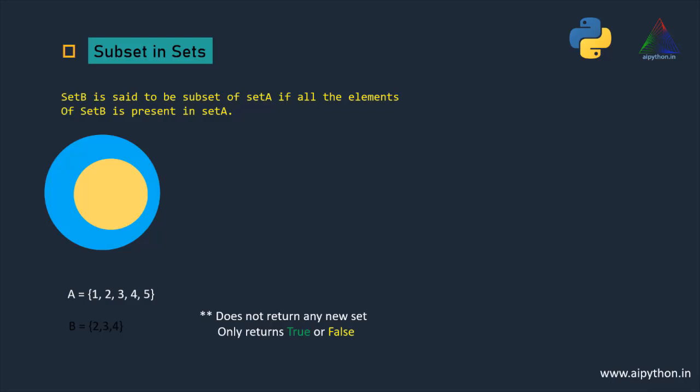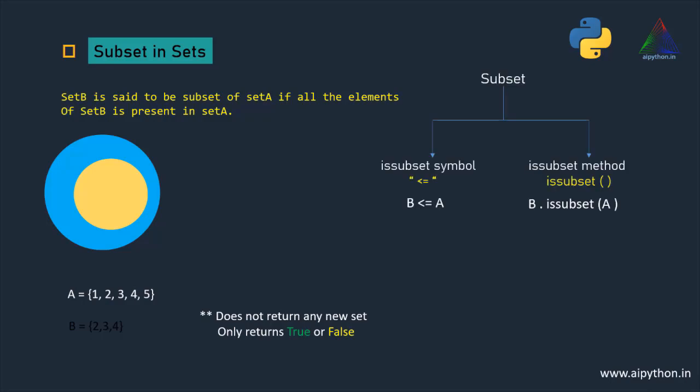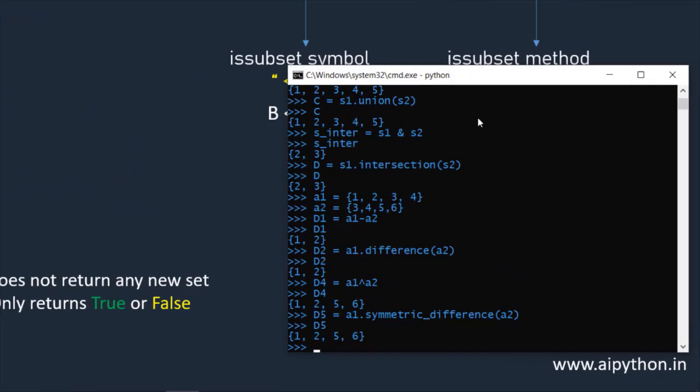Most importantly, it will not result in any new set, since it is just checking whether B is a subset of A or not. It will just return true or false: yes, it is a subset, or no, it is not. Two ways: one is through the symbol less than or equal to, and another is the issubset method. So we'll check it through a live example as always.